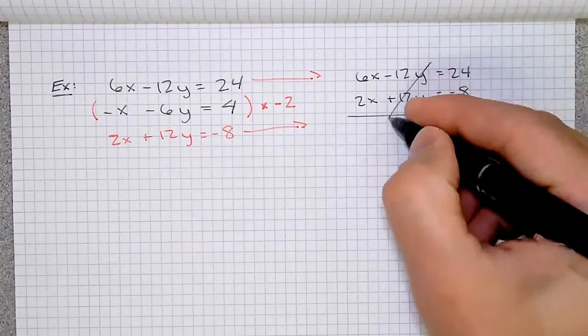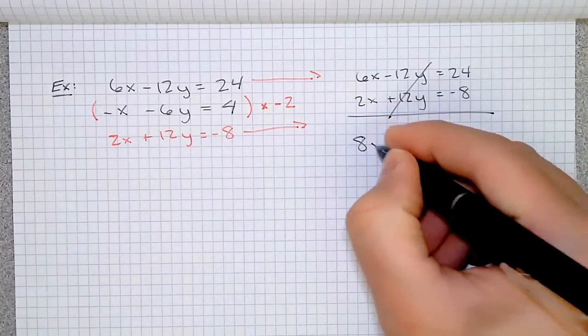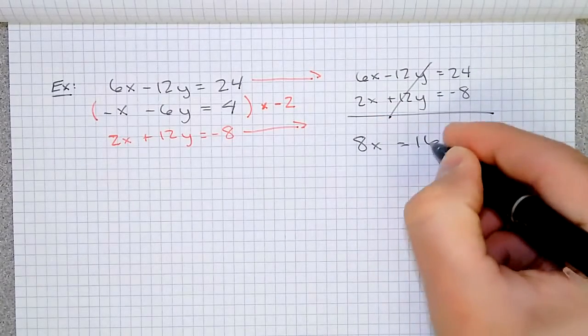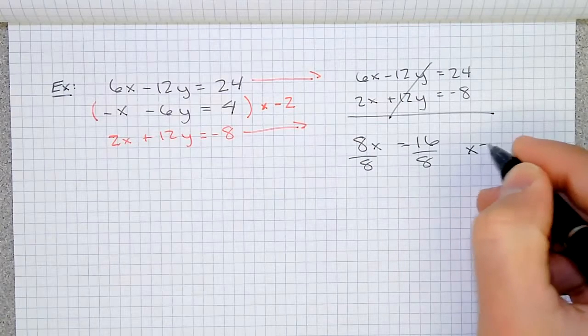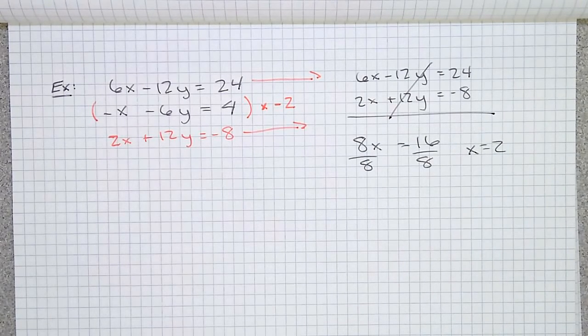All right, the y's cancel. I get 8x equals 16. Divide by 8, and I get a final answer of 2.